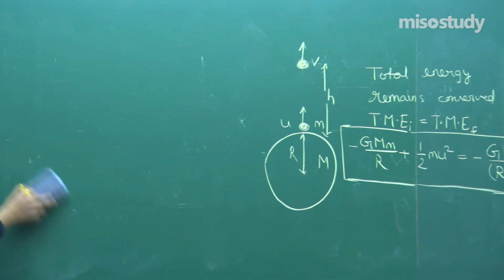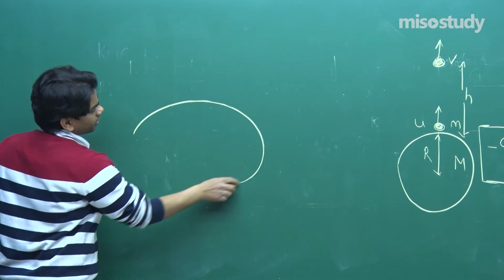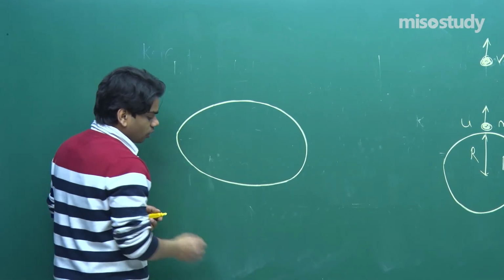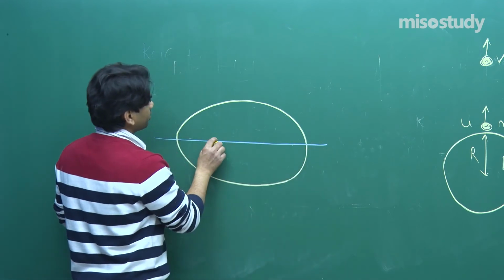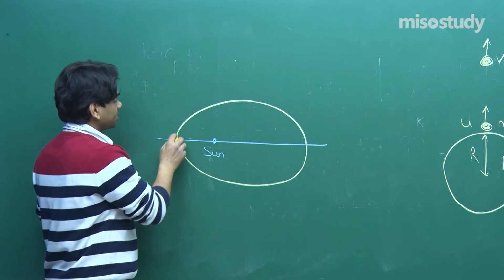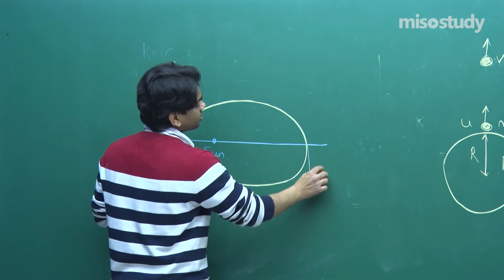In a similar way, I talked about this object. Now suppose any planet is moving in an elliptical orbit as shown. Now let's say here its speed is v1 and here its speed is v2.